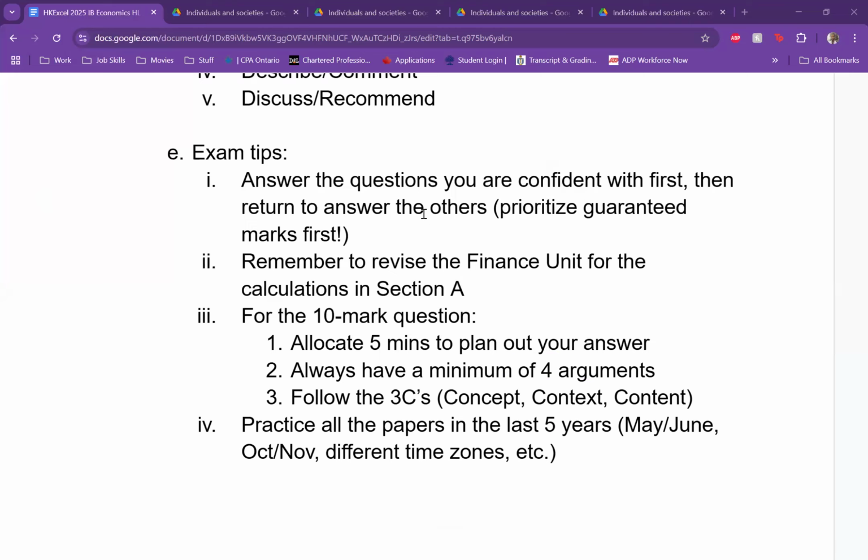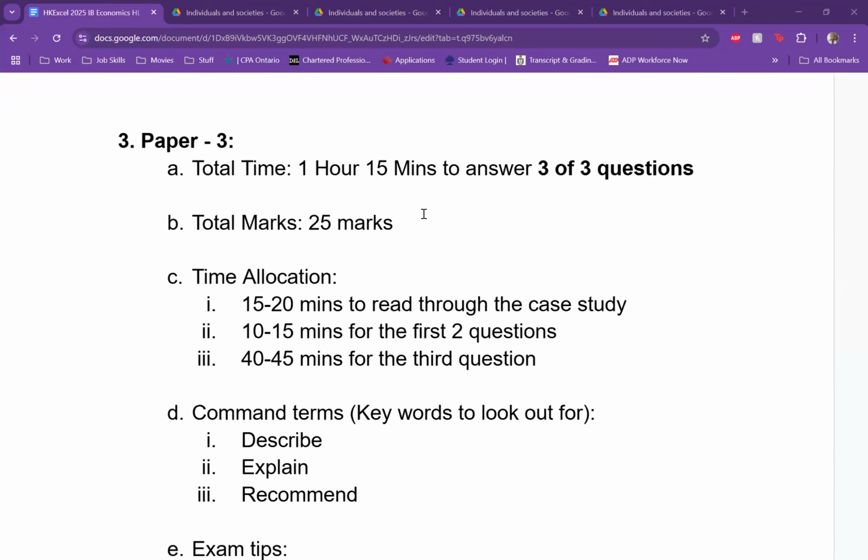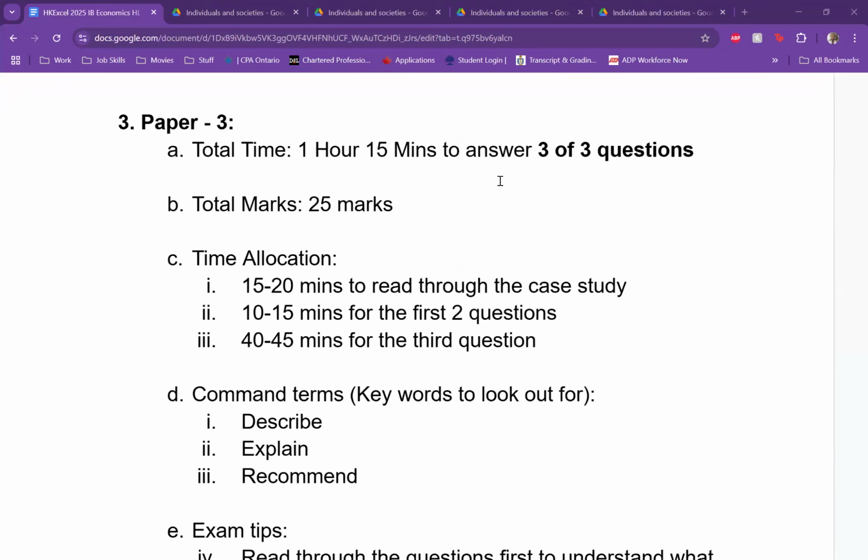Finally, we have paper 3. This is the new paper. It's similar to paper 1 in the sense that it is also case study based. So, first of all, you have an hour and 15 minutes to answer all the questions, 3 questions in the paper.